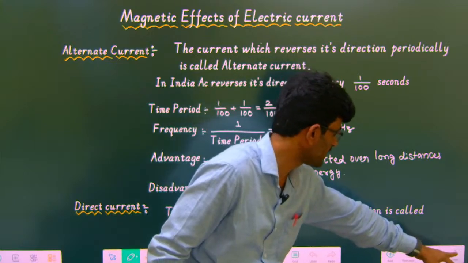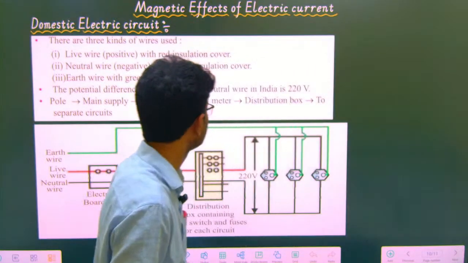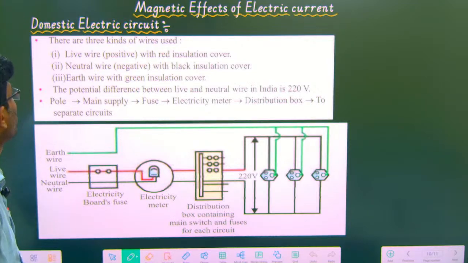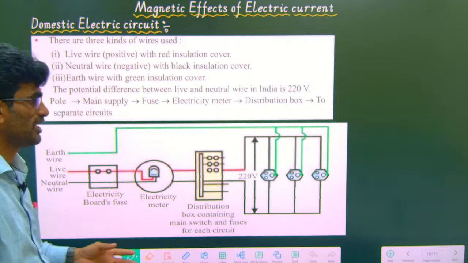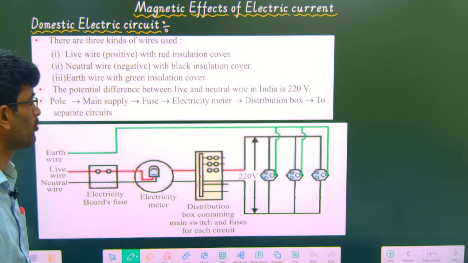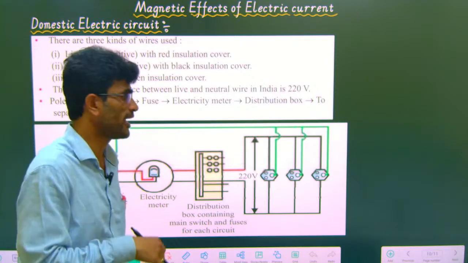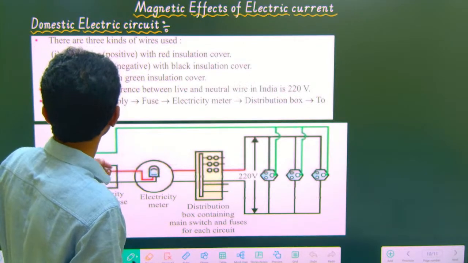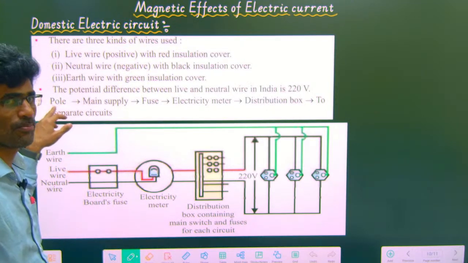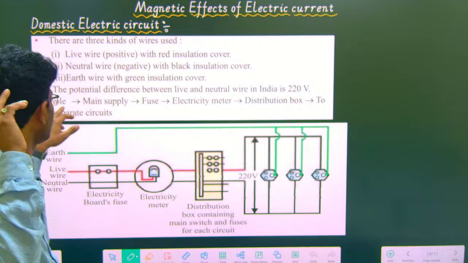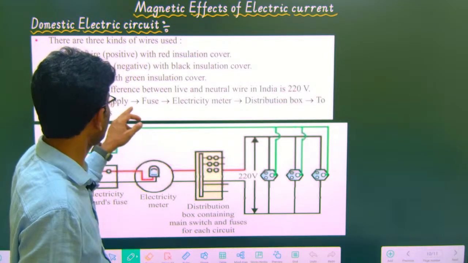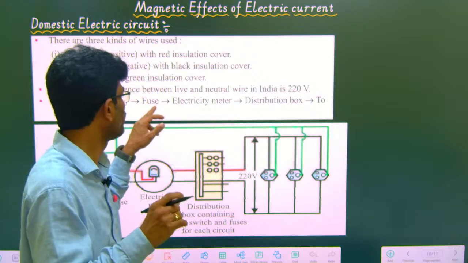Hope you got some idea about alternating and direct currents. Now this is our next important concept, that is about the domestic electric circuit. You can see in your home also how the electric current is entering into your home. What is the schematic diagram, how it is going to be. Here, you can see, it comes from the outside electric pole, from there it comes to the main supply, then it will go to the electrical fuse.